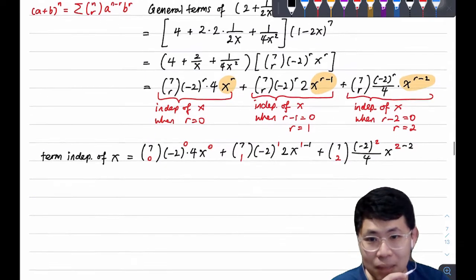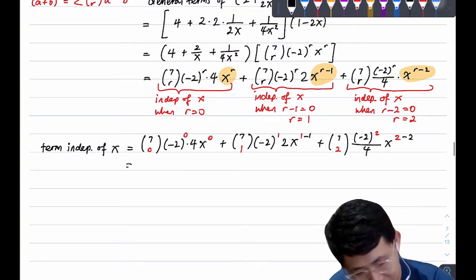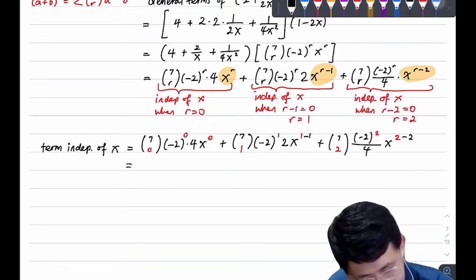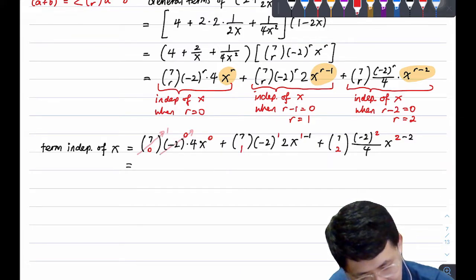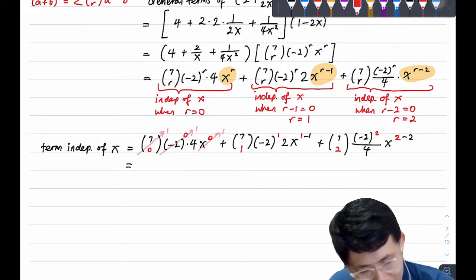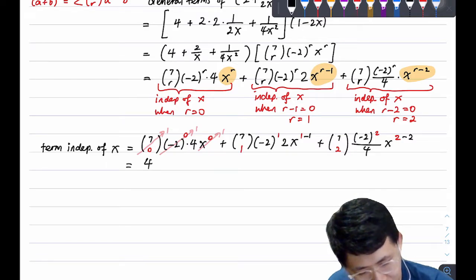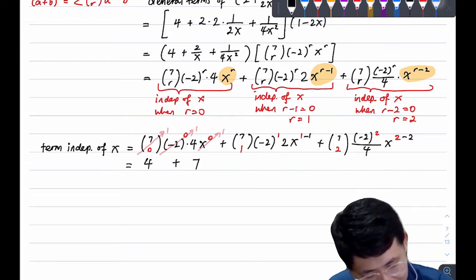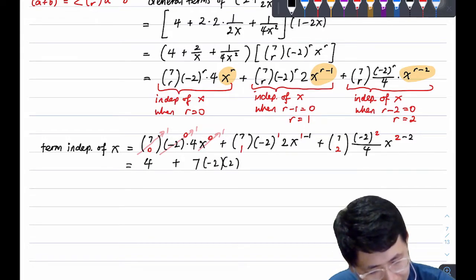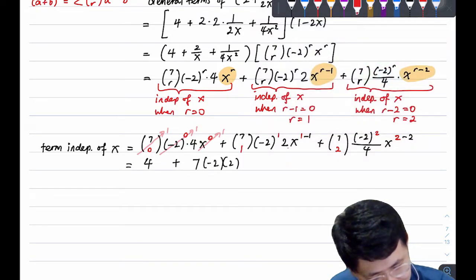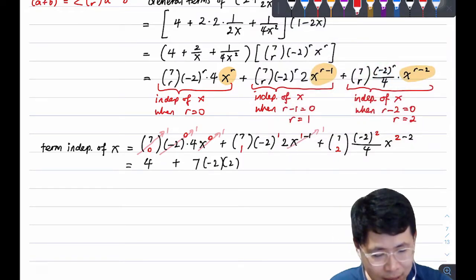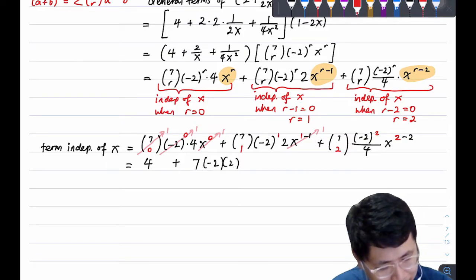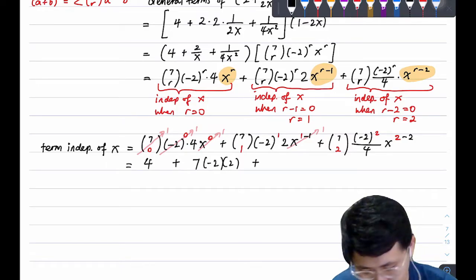So this is the term independent of x. Let us simplify over here with our calculator. The first one: this is 1, this is 1, this is also 1, so I'm left with a 4. Second term, 7 choose 1 is 7, (−2)^1 is just negative 2, times 2. And x^0 is just 1. Then the next one, 7 choose 2.